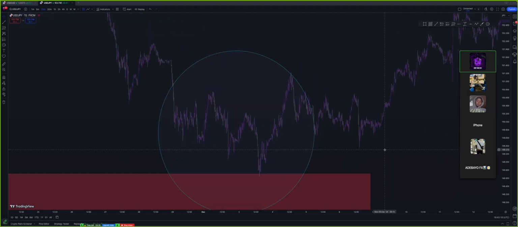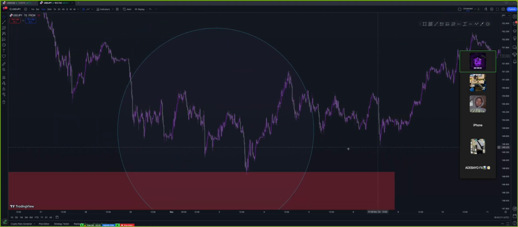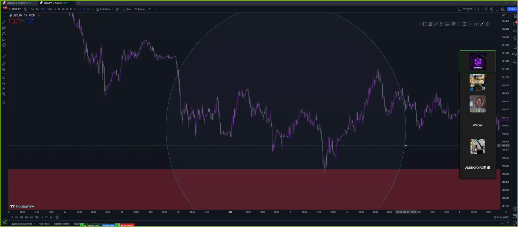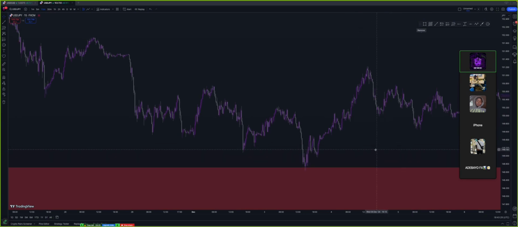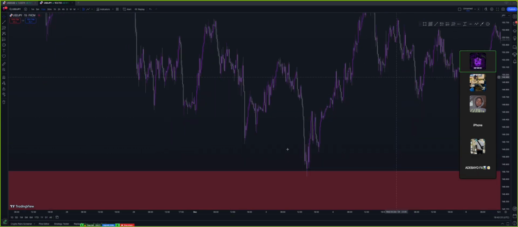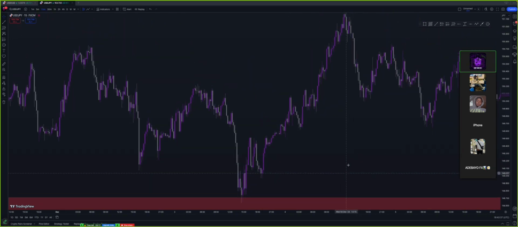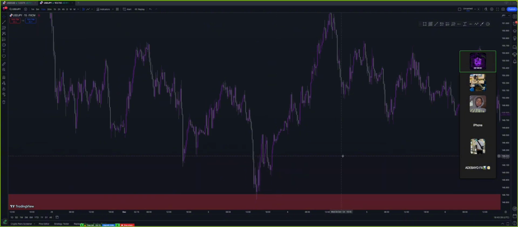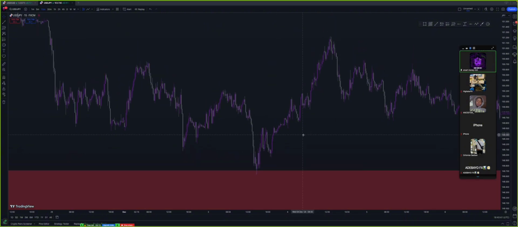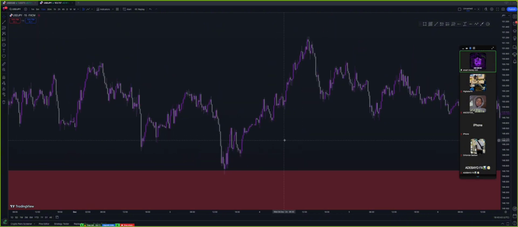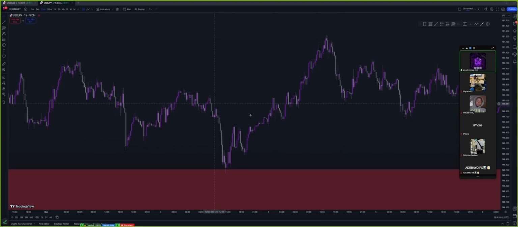Now, if you see what we have here, this was the zone. So let's delete it since we've seen it. You look at what market did right here, right? After the mitigation of that zone, we saw a push above the highs. Market started taking out all the previous highs.